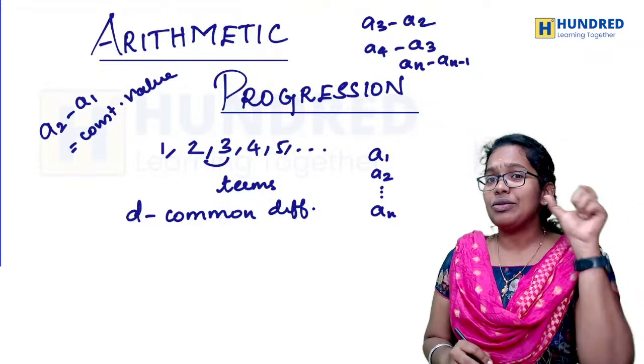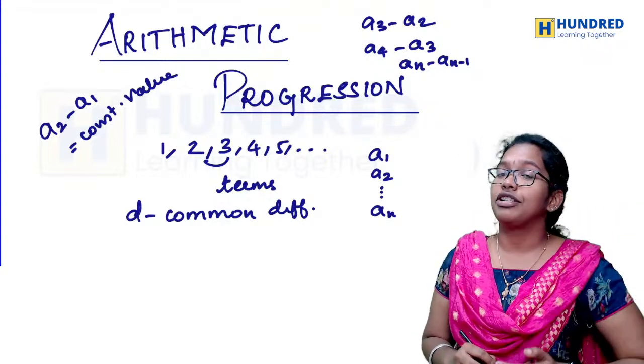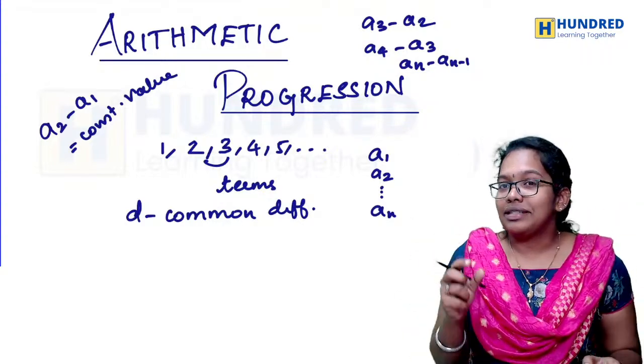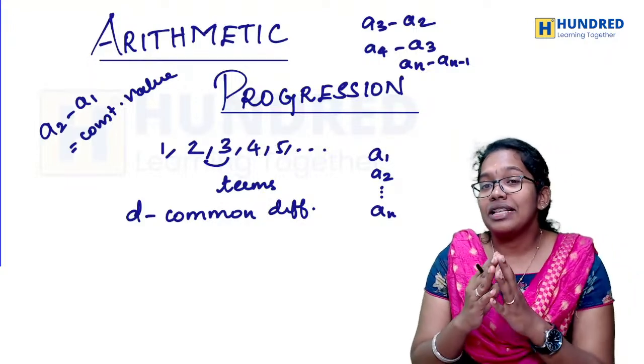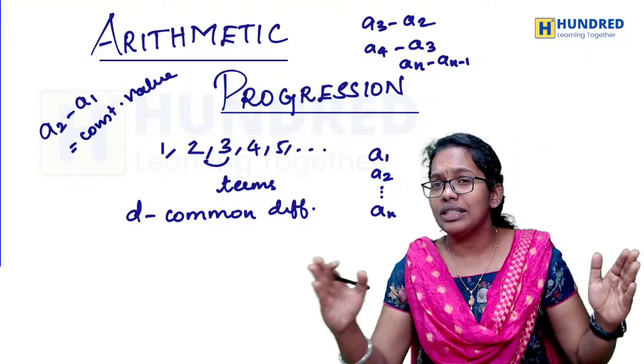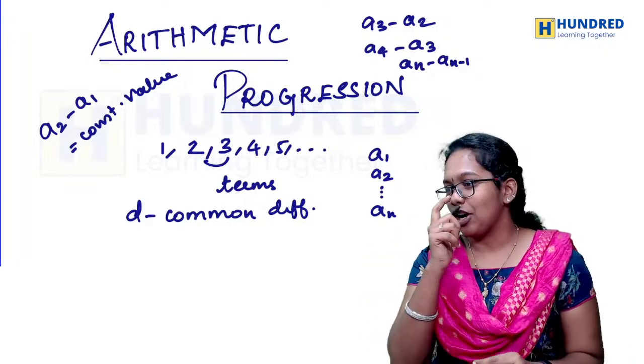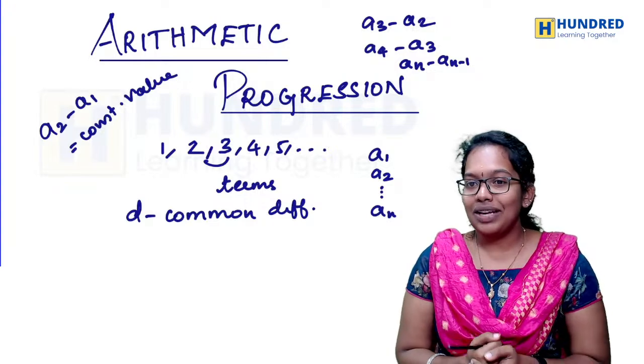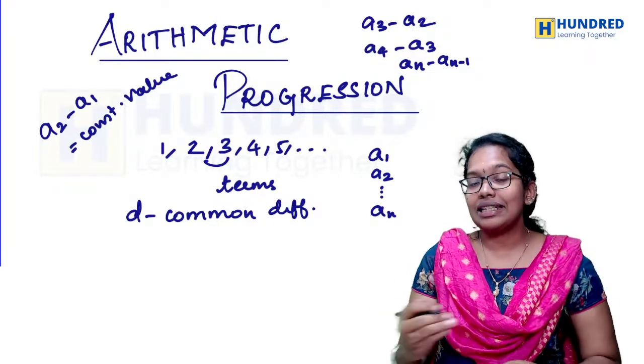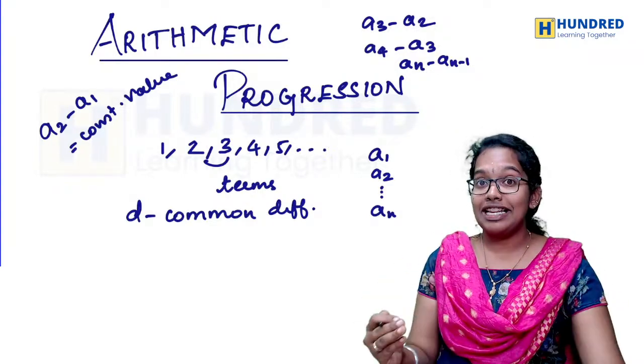Did you understand? So when you subtract consecutive terms you should get a constant value, and it should be the same throughout the sequence. Then that sequence is called an arithmetic progression. Okay? Did you understand?